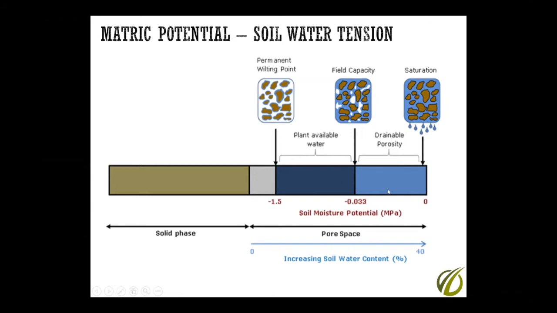This graph is reporting in megapascals, but we can convert that to centibars, where at the saturation point we're about 0 centibars, field capacity around 30, permanent wilting point around 150, and common irrigation thresholds here in the 70 to 90 to 100 range depending on growth stage.